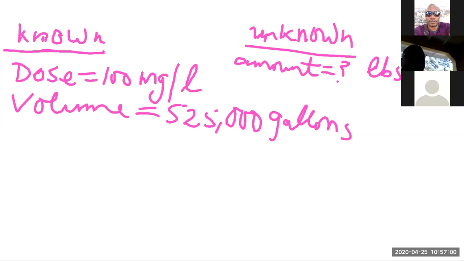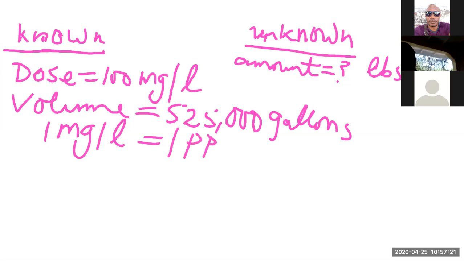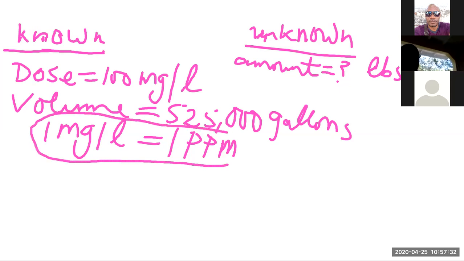And one of the first things I want to remind you of, remember it's accepted in our water treatment and so on, that 1 milligram per liter is the same as 1 ppm, 1 part per million. Remember that. Have that foremost, approximately equal. You accept it as equal. Have that foremost in your mind: a milligram per liter is the same as 1 ppm.